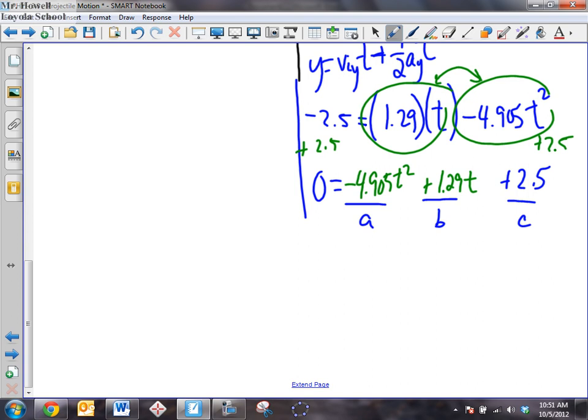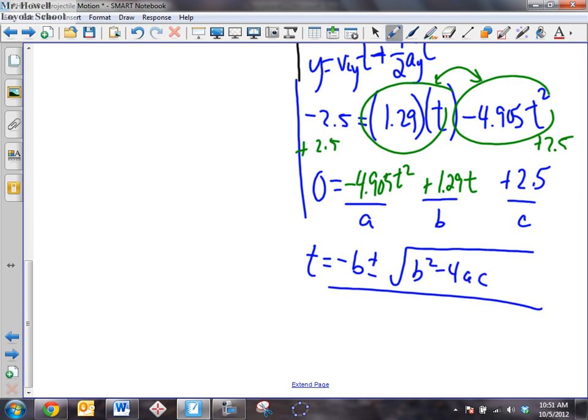Now, it's not on. T equals, whoops, negative b plus or minus the square root of b squared minus 4ac all over 2a. Let's go ahead and plug numbers in.